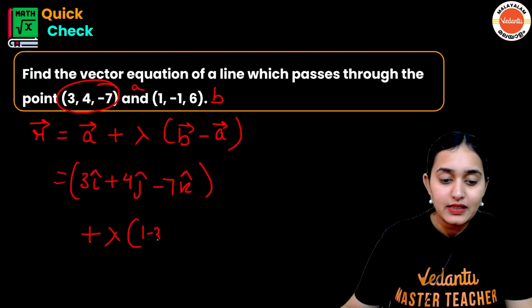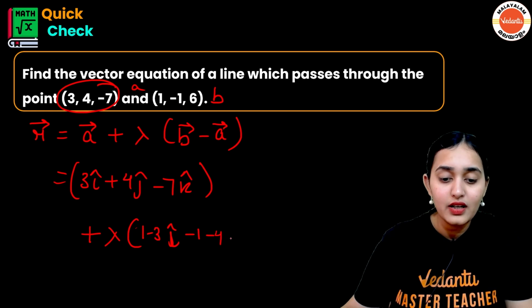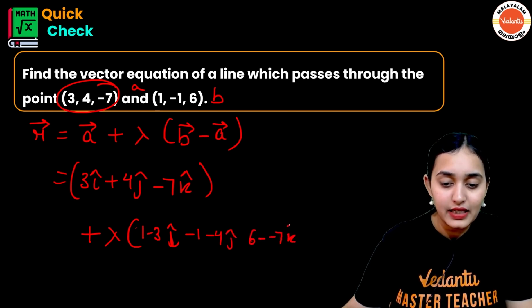So, 1 minus 3 i cap, then minus 1 minus 4 j cap and 6 minus minus 7 k cap.